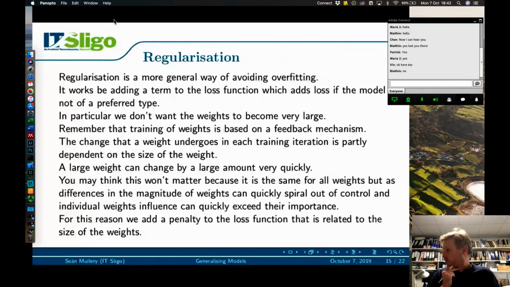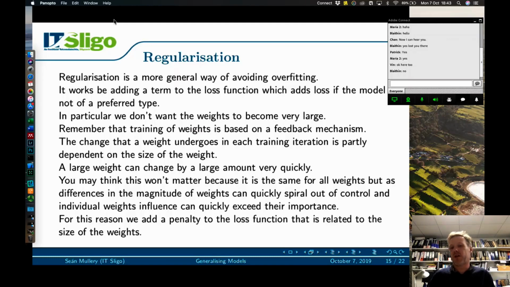Now, I've been talking quite a bit up until now about regularization, saying that I'm going to come back to it. This is an important part of any sort of system that we're going to build. Regularization is a more general way of avoiding overfitting. So rather than us having to be too concerned about, let's say, the degree of polynomial or the complexity in the model, as long as our model is complex enough to overfit, we can use something like regularization to try and stop it from overfitting automatically.